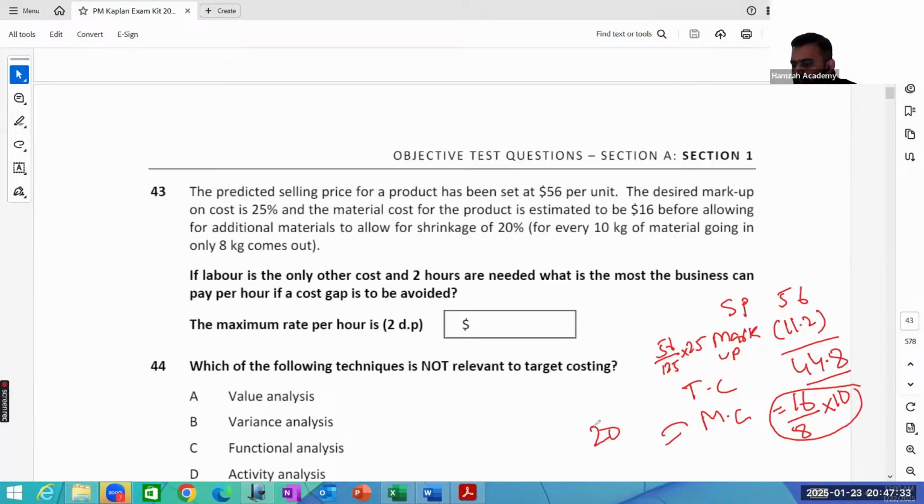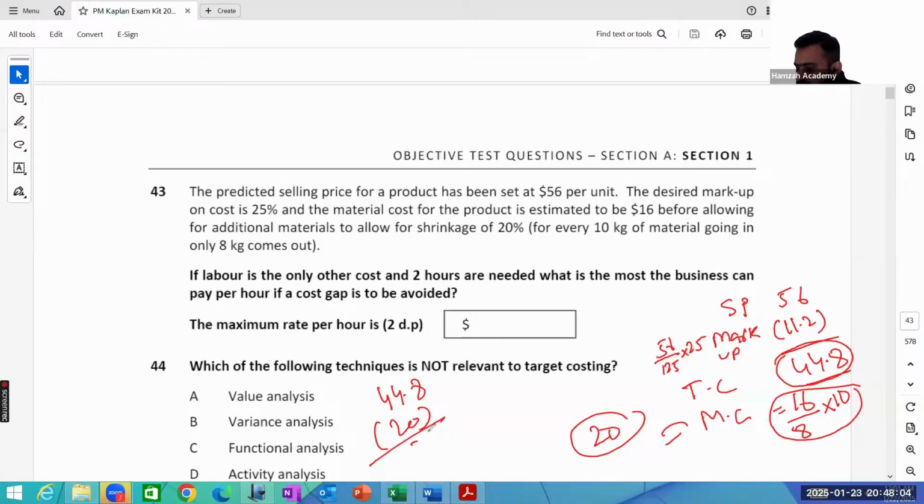Now, if labor is the only other cost, and 2 hours are needed, what is the most the business can pay per labor hour if the cost gap is to be avoided? Now look, the total target cost is 44.8 and the material cost is 20. So out of 44.8, 20 will be taken by the material.